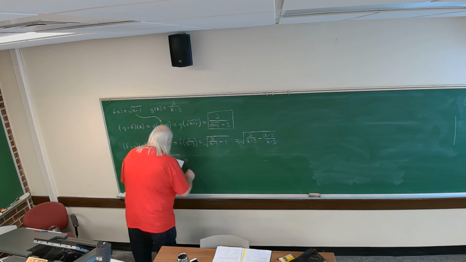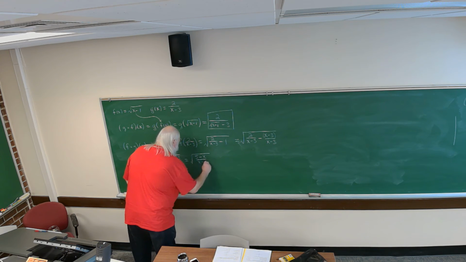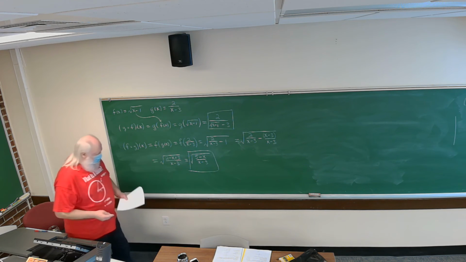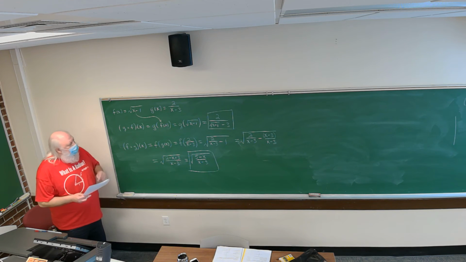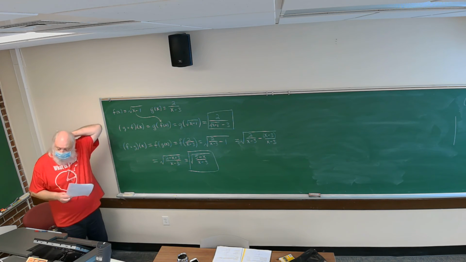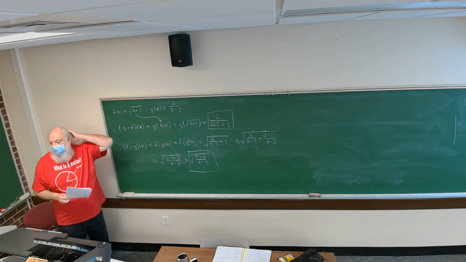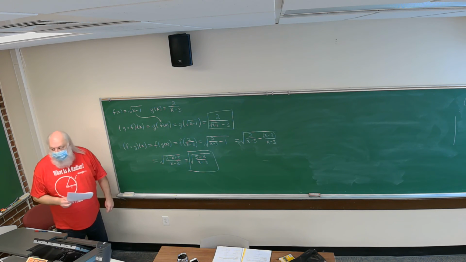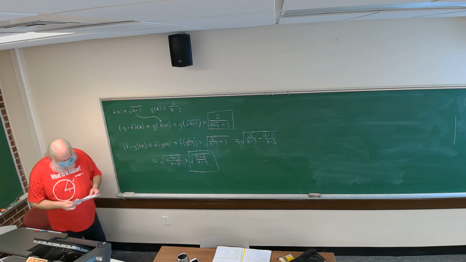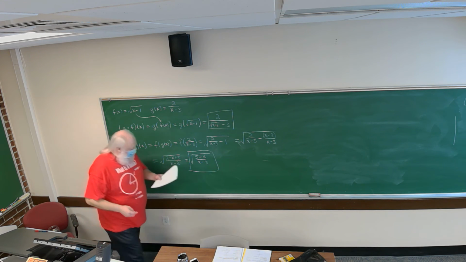So this is equal to the square root of 5 minus x over x minus 3. Okay? Any questions? Disagreements on that? Okay.